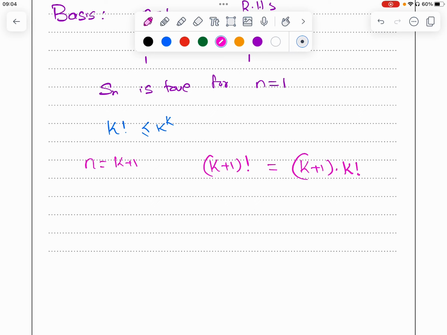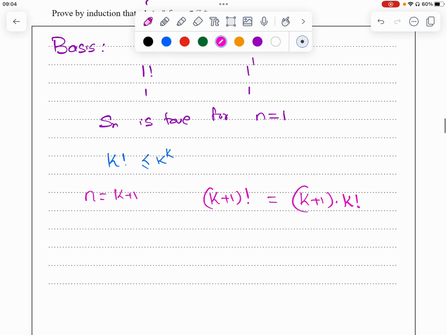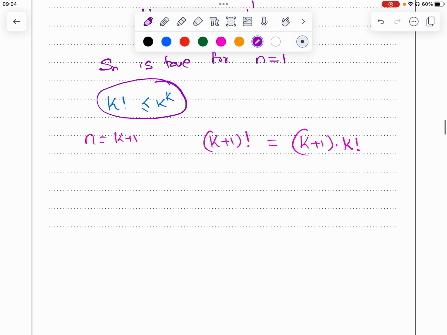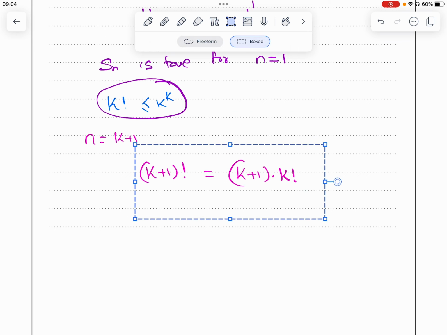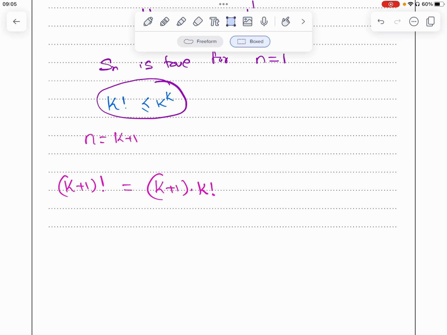Now, what was our assumption? k factorial is less than or equal to k power k.